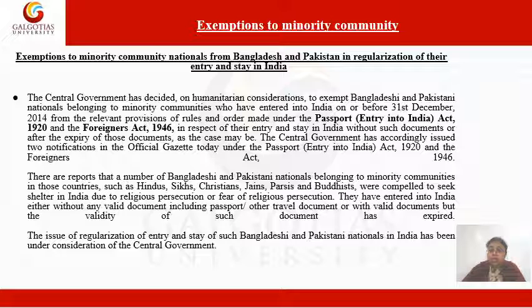Either they were traveling and overstayed the document, or they were not traveling with legal travel documents at all. In that case, it totally depends upon the host state to take the decision. One such decision I have exemplified here in the context of India.